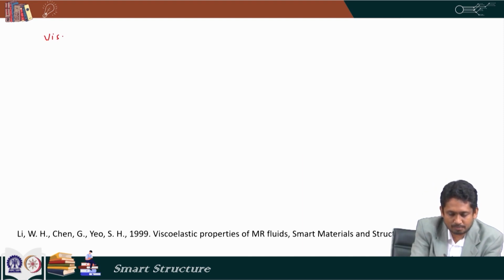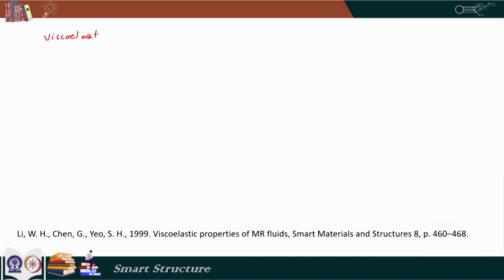So, we can call it a viscoelastic model, and that is pre-yield. Now we are interested in the pre-yield viscoelastic model, and those pre-yield models are quite useful when we want to analyze this kind of system, especially for damping applications.